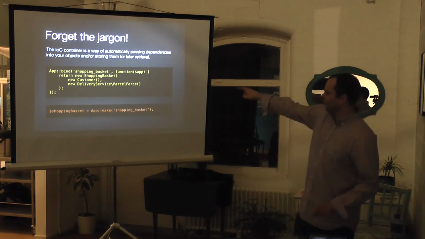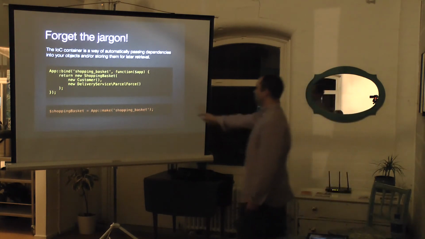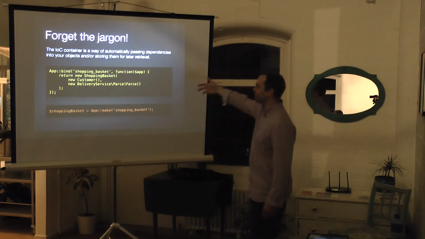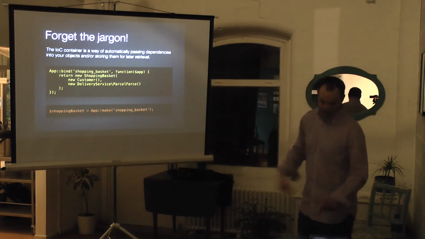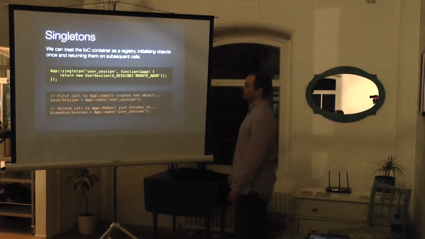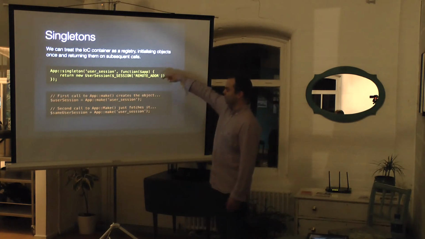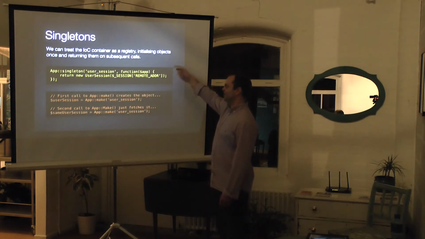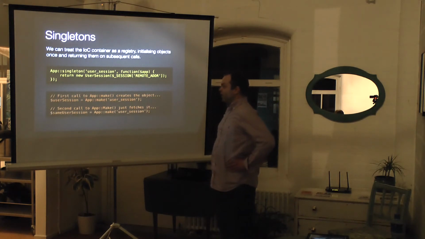Now, one thing about this here, multiple calls to app make will produce multiple shopping basket objects. They'll be initialized each time, created each time. The way around that is to use singleton. Exactly the same concept. Instead of doing bind, we're doing app singleton, giving it a label again, function, and in this case we're returning an object called UserSession, passing in the current remote address for the current user.